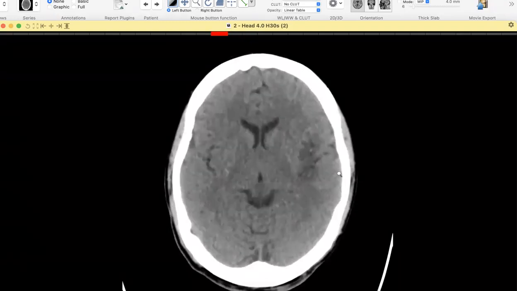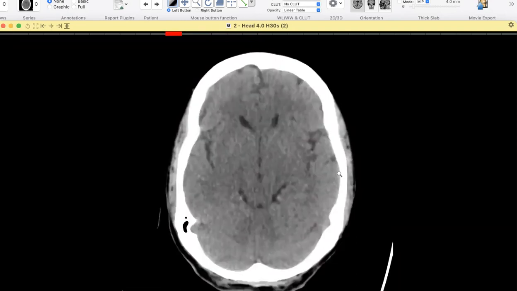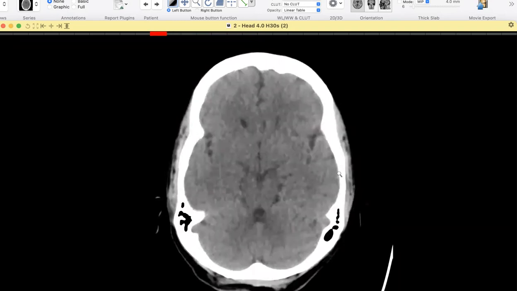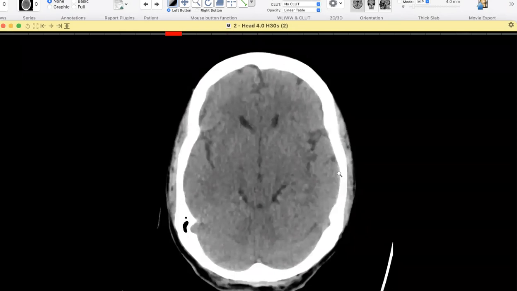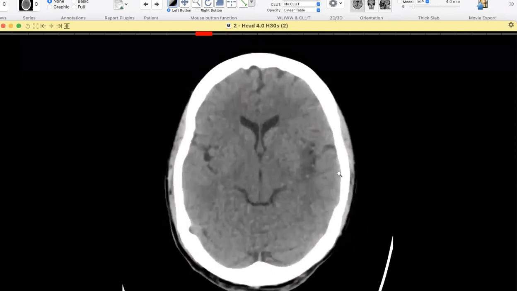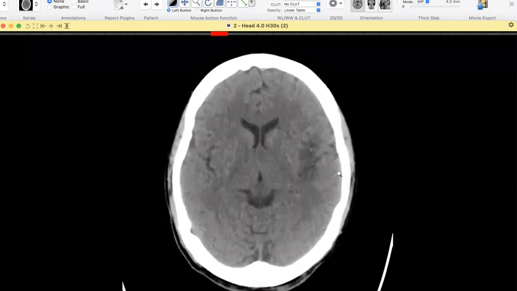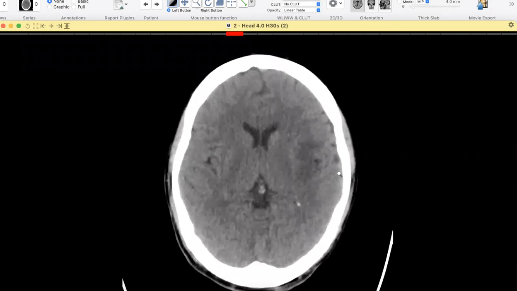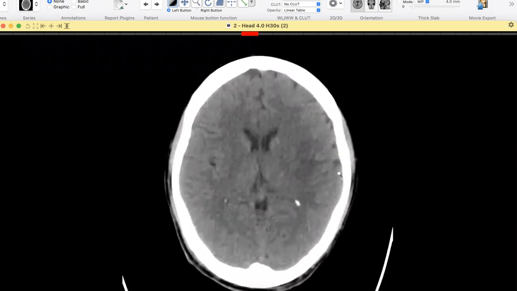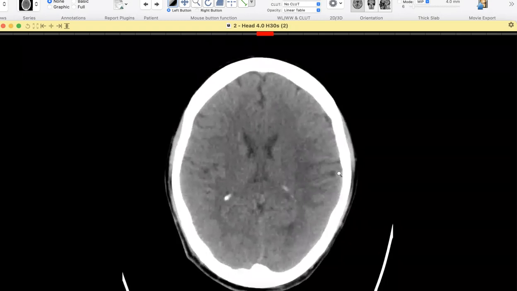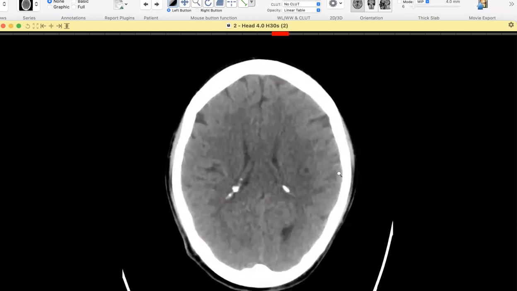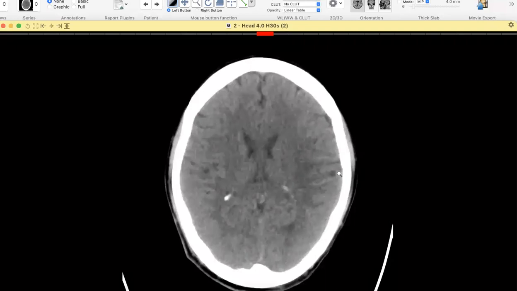Well, there is left periinsular hypodensity that is asymmetrically more marked on the left side as compared to the right. And moving further cranially, it appears to extend into the left periventricular white matter.